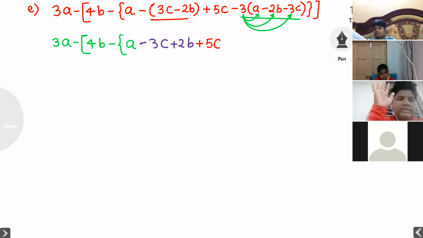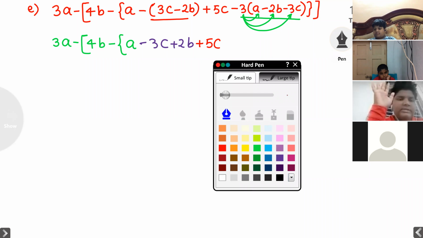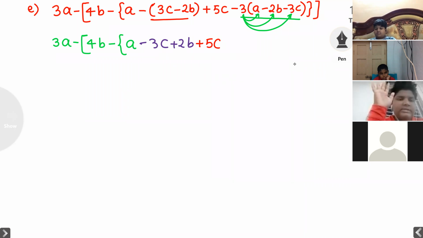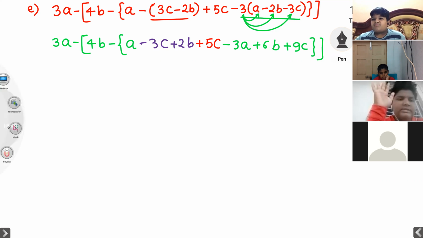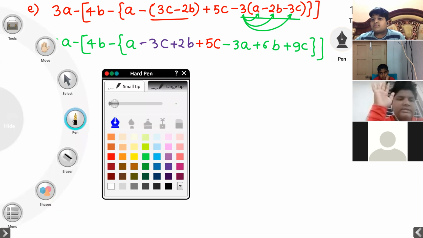Next, I am opening the last bracket now. Last bracket is what? Minus 3 into A, minus 3A. And before that minus is there, means all sign will change. Minus into minus plus 6B, minus into minus plus 9C. Small bracket close, curly brackets, large brackets. Now I have to check inside curly brackets like term and unlike terms.